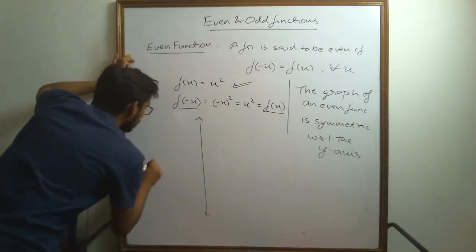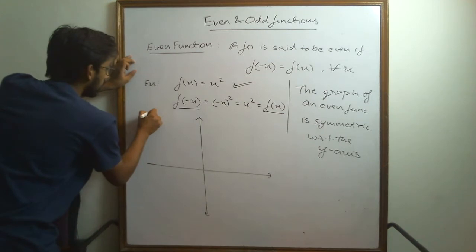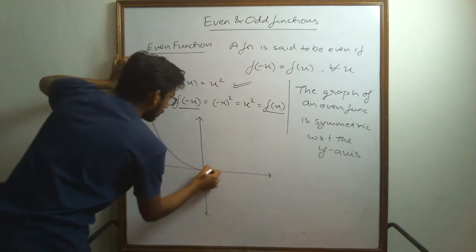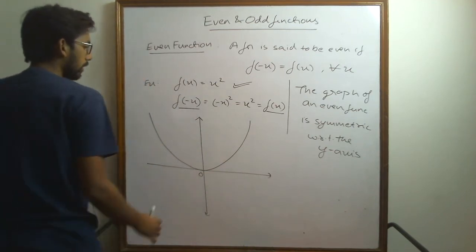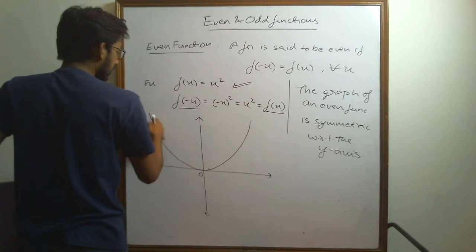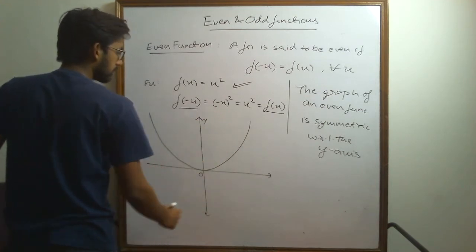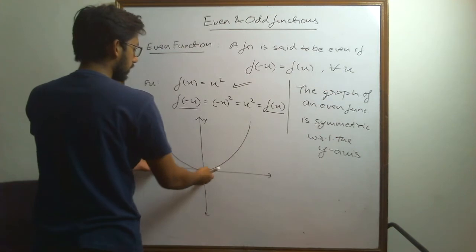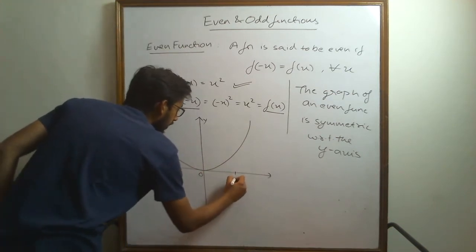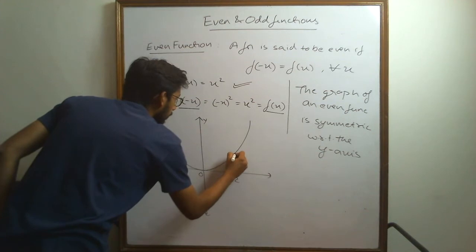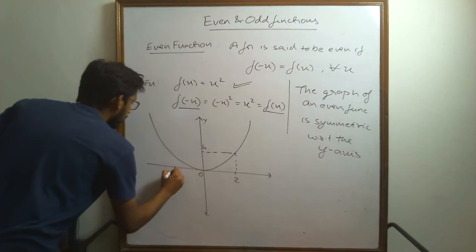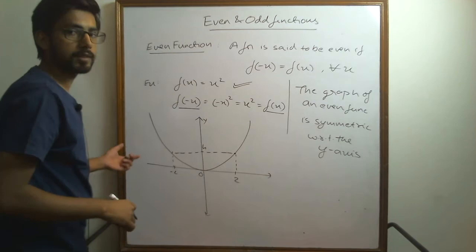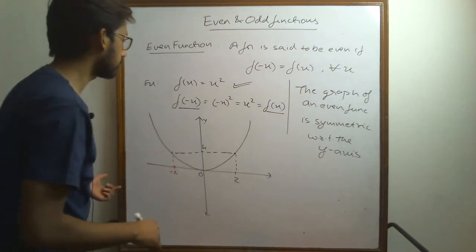So if I take the graph of this function, it is a parabola facing upwards like this, vertex at origin. If we look at it, the graph is symmetric with respect to the y-axis. It is symmetric on these sides. We can see here that if x is equal to 2, y is equal to 4, and if x is equal to minus 2, it is equal to 4 itself also. So it is symmetric with respect to the y-axis.